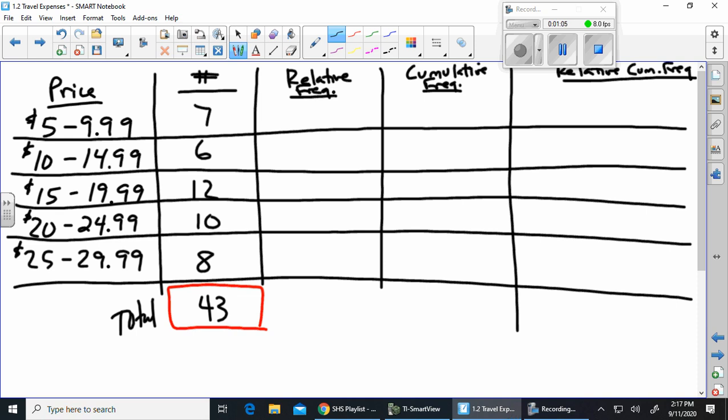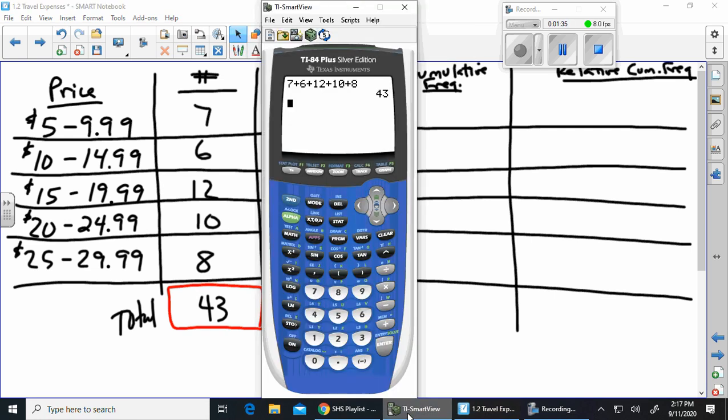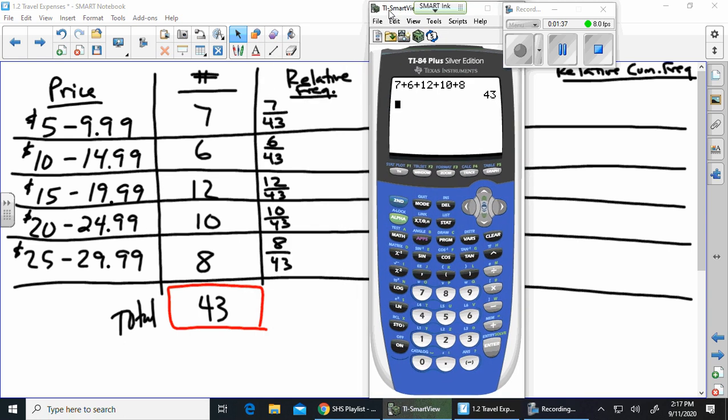Relative frequency is really finding a percent, but we write it in decimal form, of the number there are out of the total. So I'm really taking 7 out of 43, 6 out of 43, 12 out of 43, 10 out of 43, 8 out of 43, which just means you're dividing.